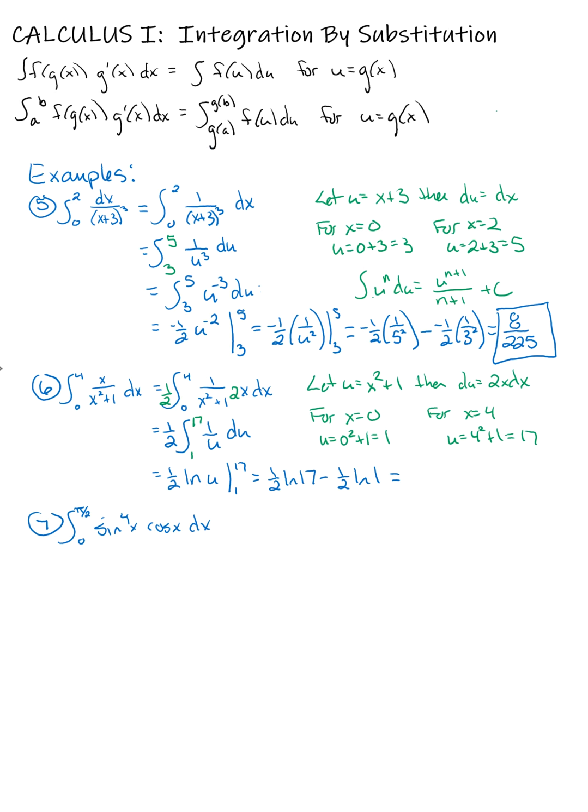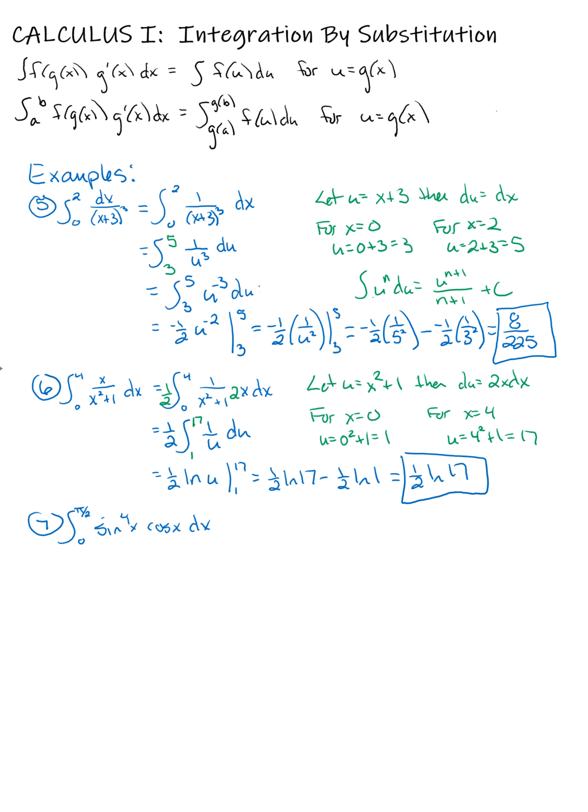But hopefully we all remember that the natural log of 1 is 0. Can you remember why the natural log of 1 is 0? So that gives us 1/2 natural log of 17, because that last term just goes away. And there you go.